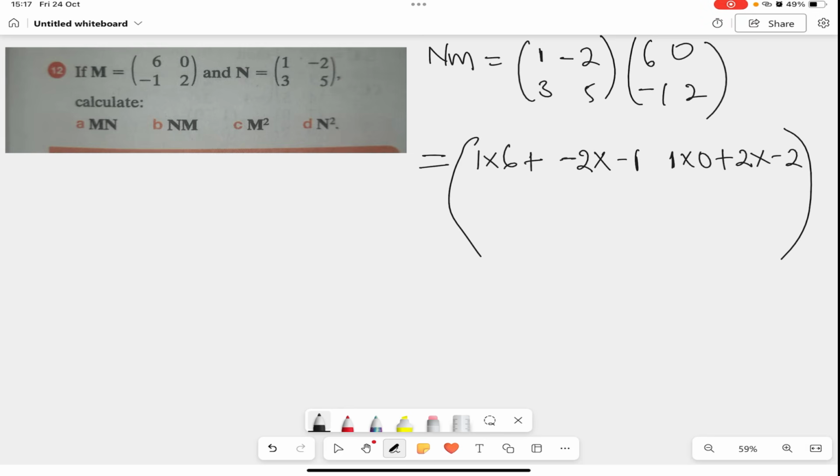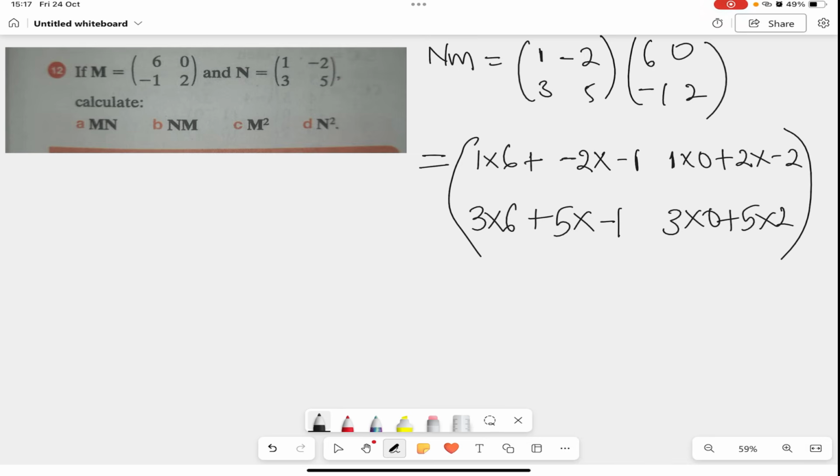Any of them. Row 2, column 1: we have 3 times 6 plus 5 times minus 1.